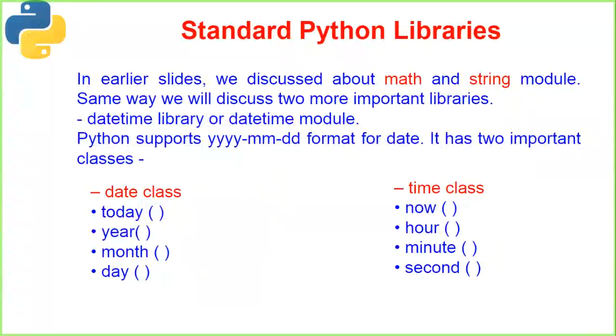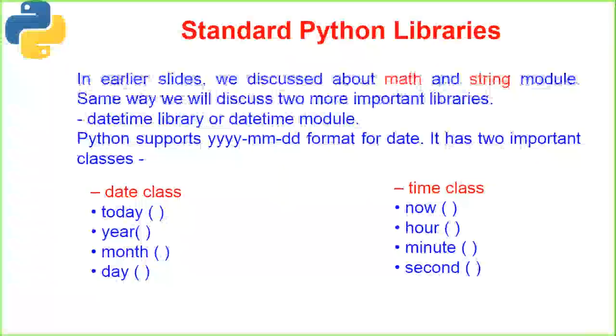We have used the functions of these modules, the string functions and math functions. Math functions are all the numerical functions which belong to the math module, and all the string functions belong to the string module. In a similar way, we have two other libraries left.